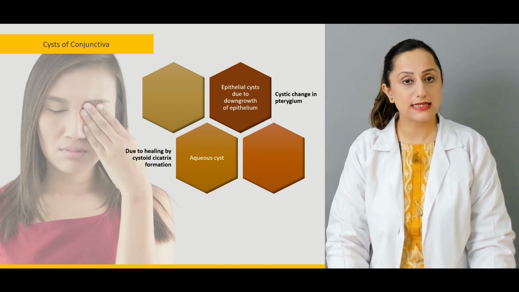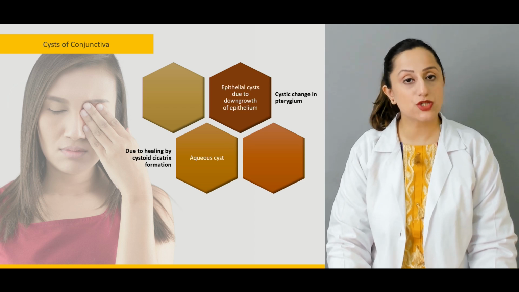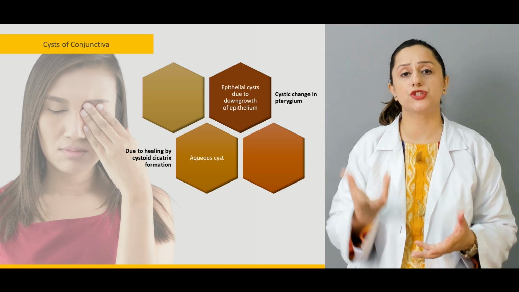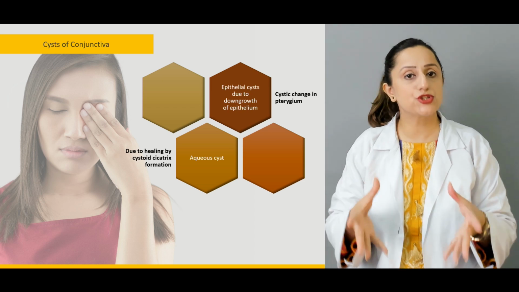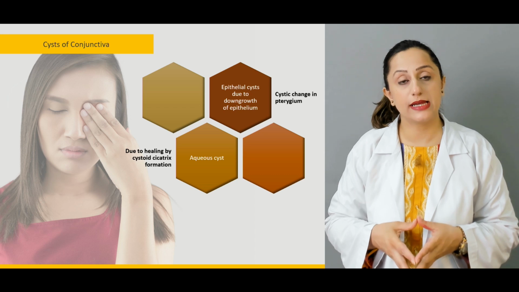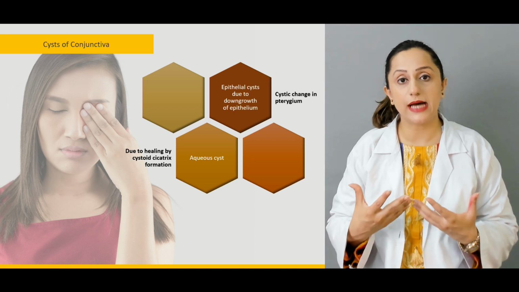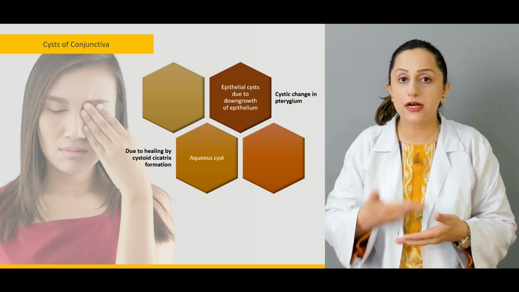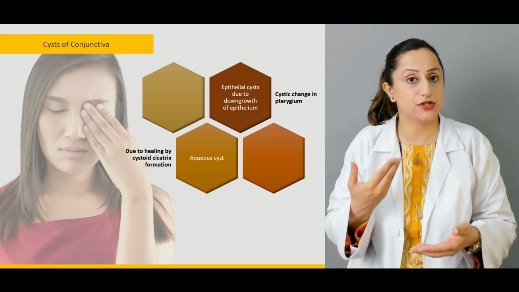The aqueous cysts occur due to the healing of the cystoid cicatrix formation. So any cicatricial conjunctivitis. Cicatricial is a word that basically relates to the granulomatous tissue that forms after the healing process starts. It can be after a trauma.